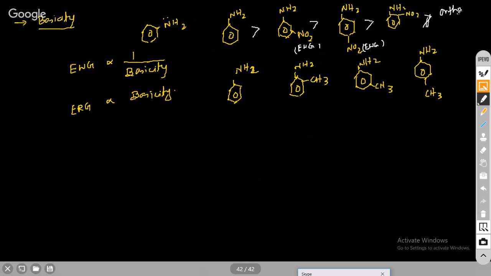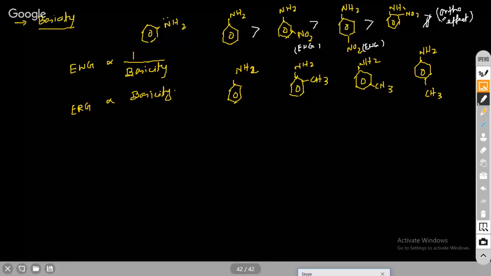ortho effect takes place. Okay, so because of ortho effect, the basicity of aniline decreases regardless of the nature of this group we have, whether it is electron releasing or electron withdrawing.